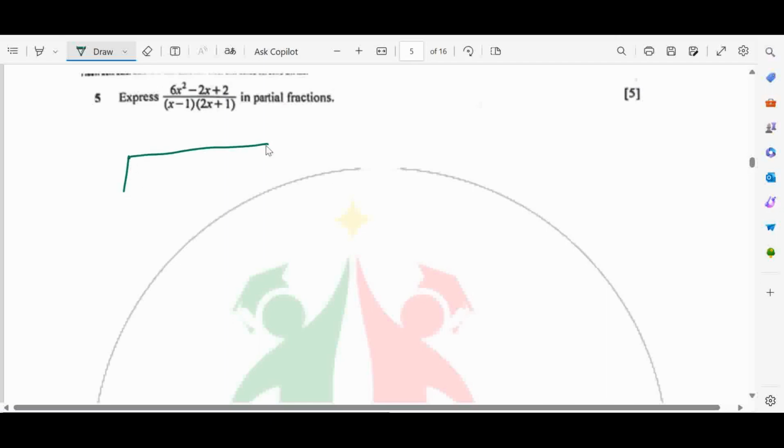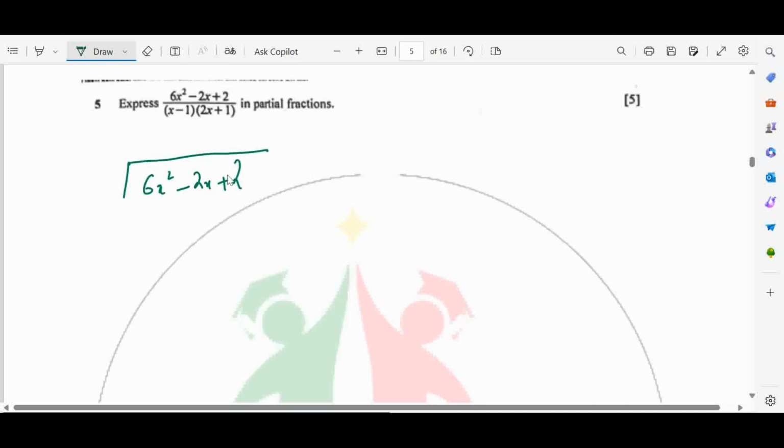We have 6x squared minus 2x plus 2, and then we have 2x squared minus x minus 1. If we multiply it with 3, this will be 6x squared minus 3x minus 3, and then we can cancel out these two. This will be x plus 5.